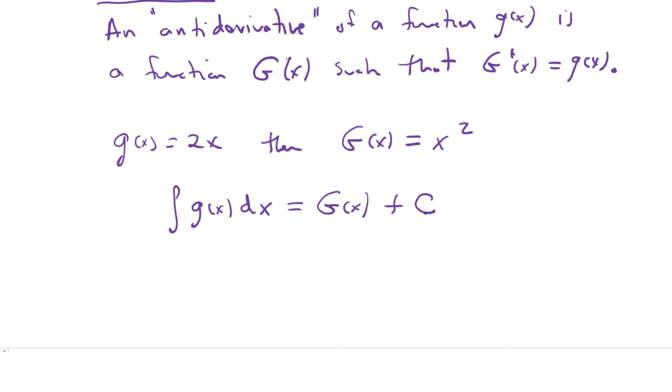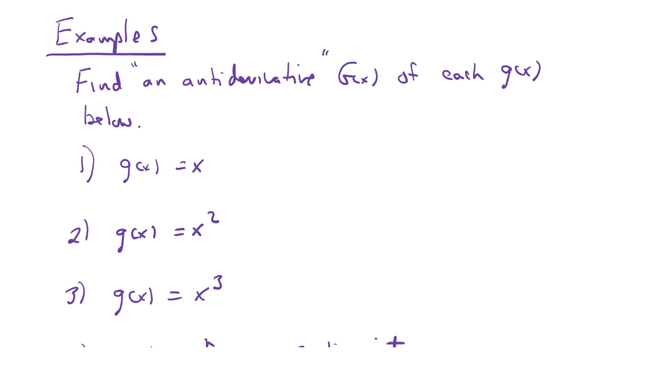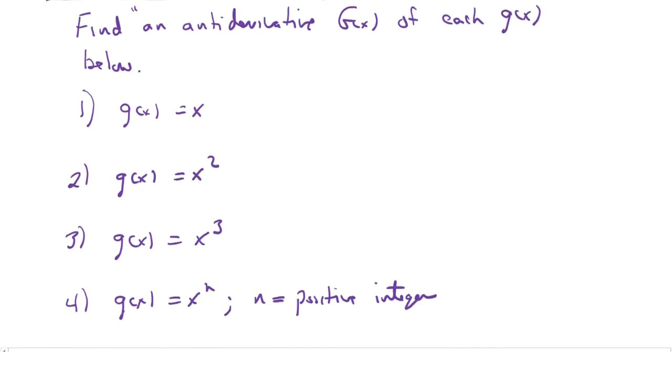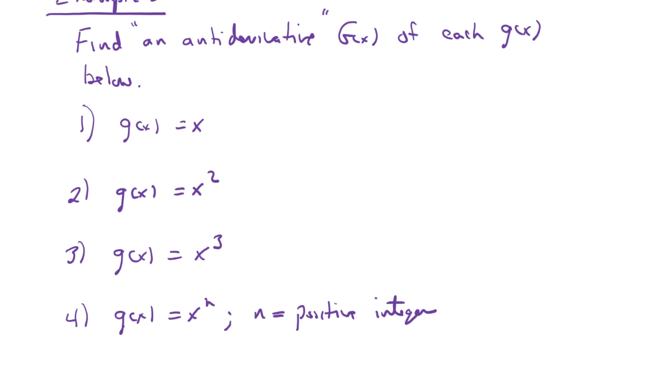With this all in mind, we're ready to start computing antiderivatives of some simple functions. So let's do a couple of examples. In each case, we're going to find an antiderivative capital G, so that's one function from the family of antiderivatives, for each little g given in each part. So for problem number 1, if g of x is equal to x, well, capital G of x will be a function whose derivative is equal to x.